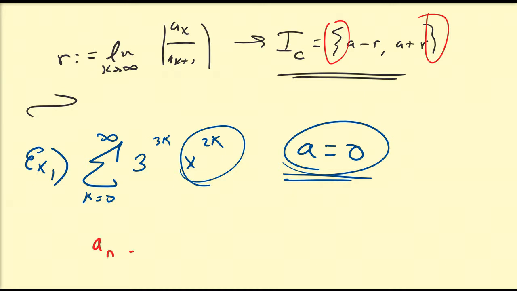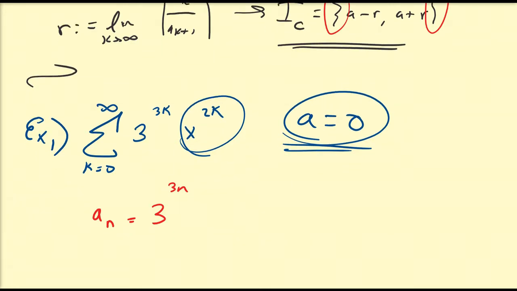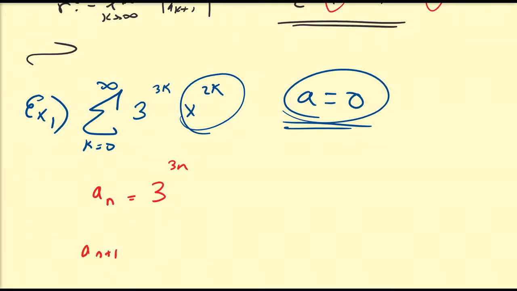So a_n, in this case, is going to be equal to 3 to the power 3n. a_(n+1) is going to be equal to 3 to the power 3(n+1), or equivalently 3 to the power 3n times 3 to the power 3.